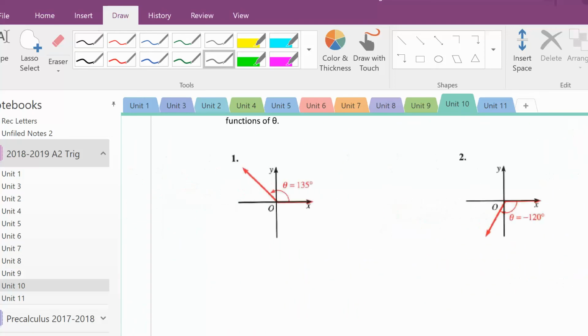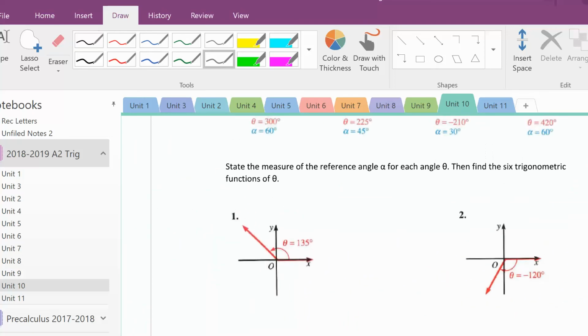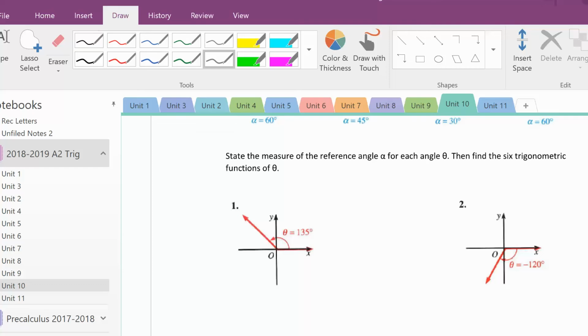So now let's do some examples here. For example, it says state the measure of the reference angle for each angle theta, and then find the 6 trigonometric functions. So first, theta is 135. So let's draw our picture here. Find alpha. Remember, it's in the second quadrant.